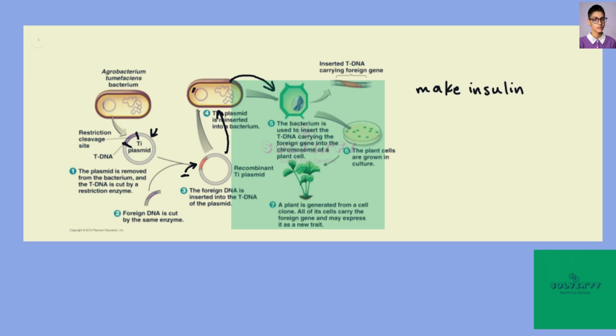So you just insert the insulin gene into the plasmid, put it into the bacterium, and have the bacterium produce insulin. And it is used a lot to improve food crops, make them resistant to disease, to drought, make them more nutritious. It has actually found great application in the food industry.